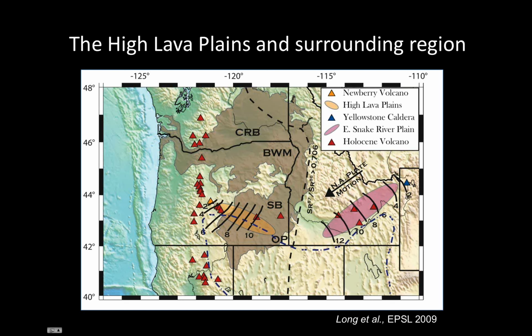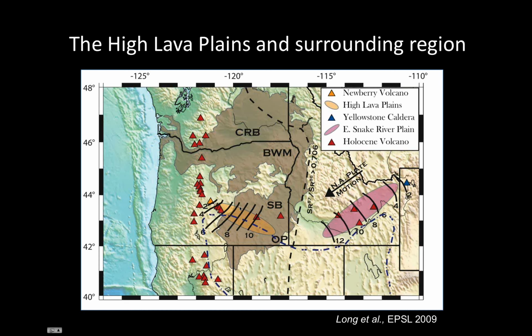Of course, this track is oblique to plate motion, so it's a little less obvious why this age progression should be there. And it's also worth noting that in the HLP, as in the Snake River Plain, there's widespread young basalt flows kind of throughout the region.